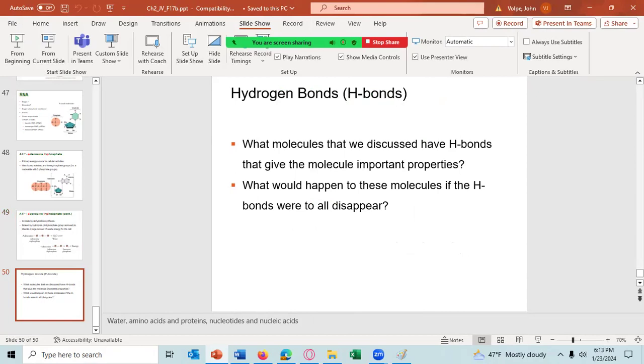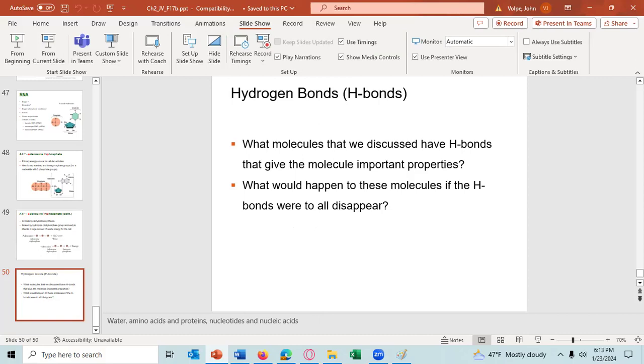All right, let's talk just one slide about hydrogen bonds. What molecules have we discussed today and maybe last time that have hydrogen bonds that give the molecule important properties? Water.